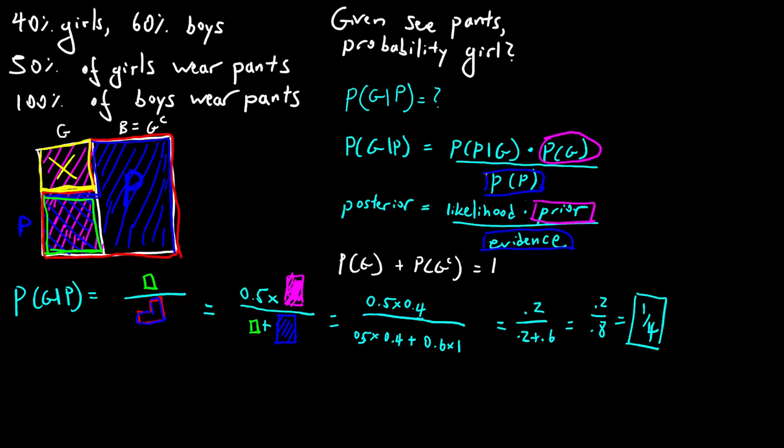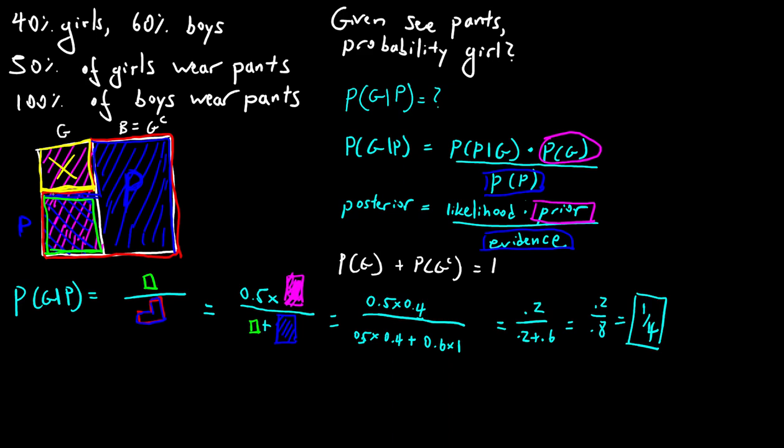And then this here, the likelihood. Well, once we've seen some evidence, we need to adjust our prior given the information that we've seen. So we saw pants. That means that we want to remove all of the girls who are not wearing pants. We need to adjust this prior that we had. So we remove that by taking out this top yellow portion here.